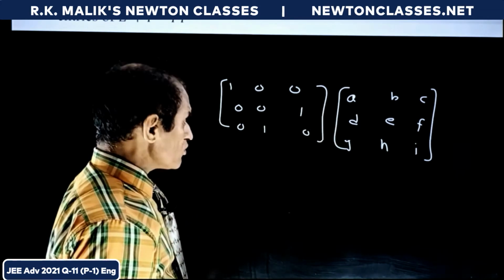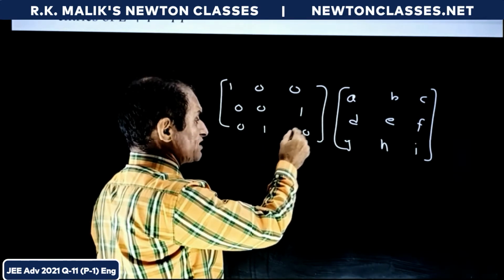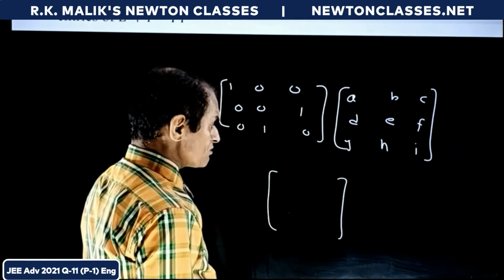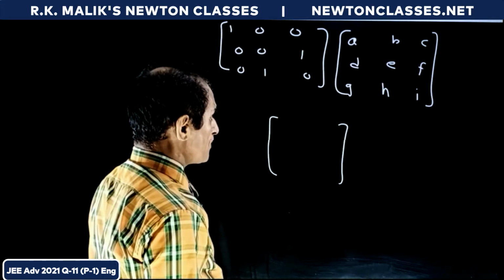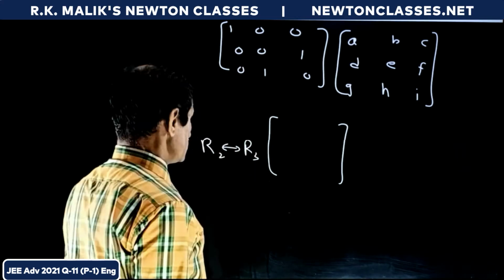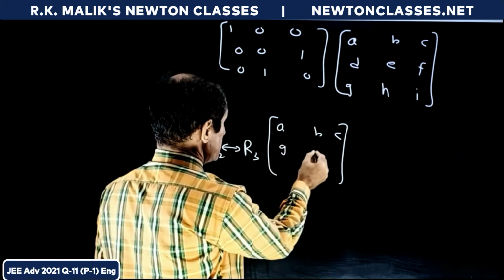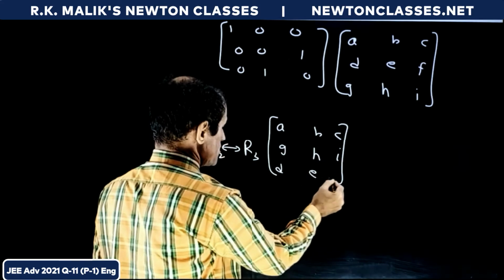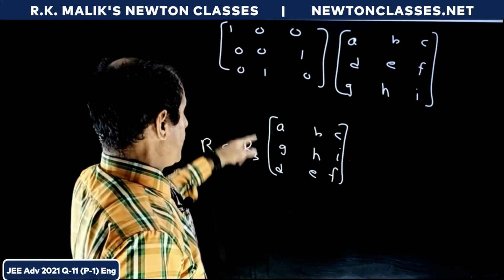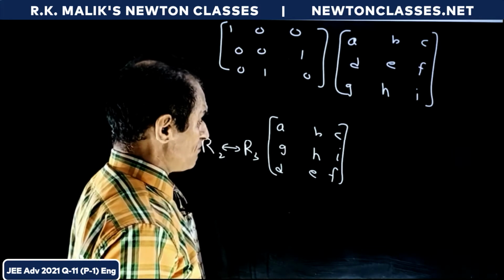You should note that and remember this thing, that when you will pre-multiply this matrix with this matrix, the matrix obtained in answer is also operated by the transformation this, that is, the product will be A, B, C, because this matrix has been obtained by applying the transformation this on the identity matrix.